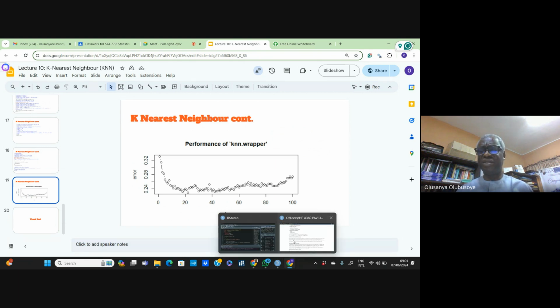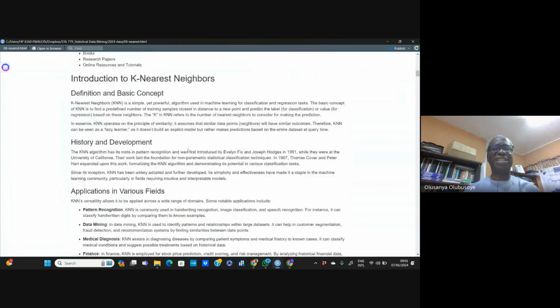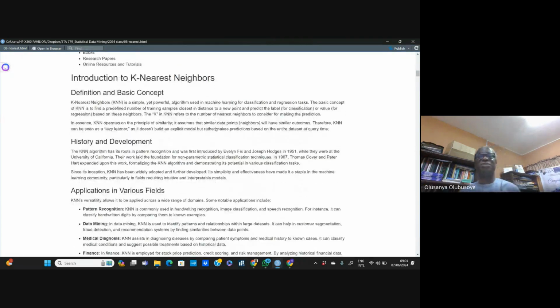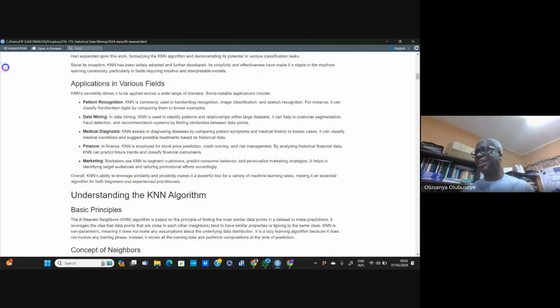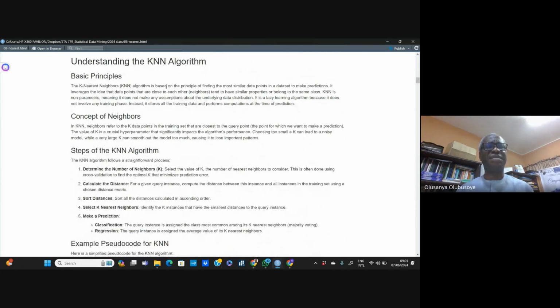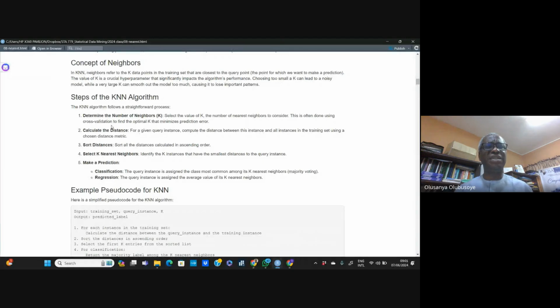But with that background, everything else you will see in the lecture notes, I've summarized in that brief lecture. I've talked about the basic principle, the concept, and the steps, which require that you determine the number of neighbors. You have to select your K, the value of K you want to choose.